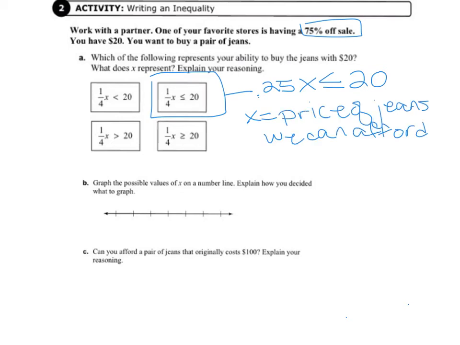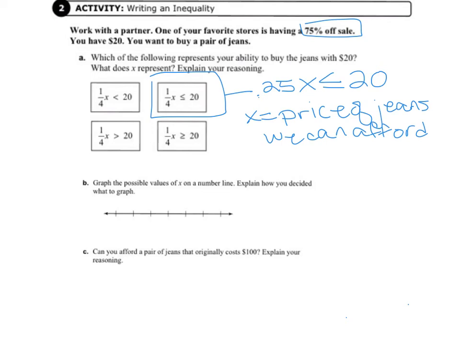So when we look at our number line, we are going to graph the original price of the jeans that we can afford. So that's before the discount. So we want to take our 20 and we want to divide that by the 0.25, the 25%, or if you prefer fractions, you can divide it by 1/4. So when we do that, we get 80.